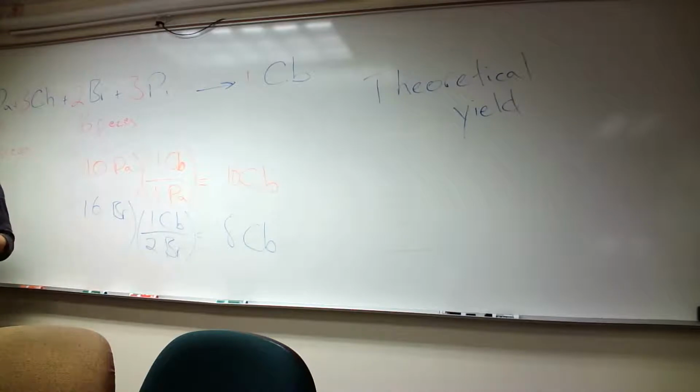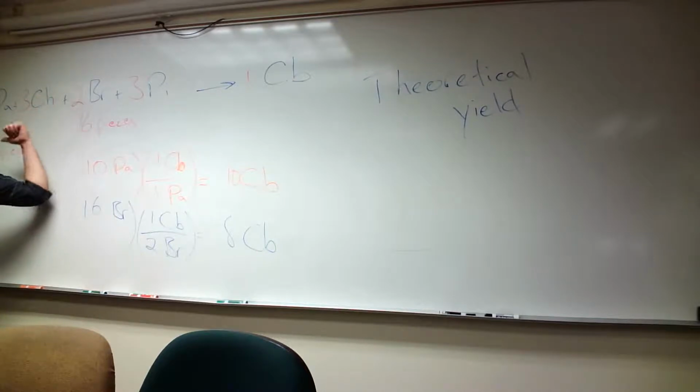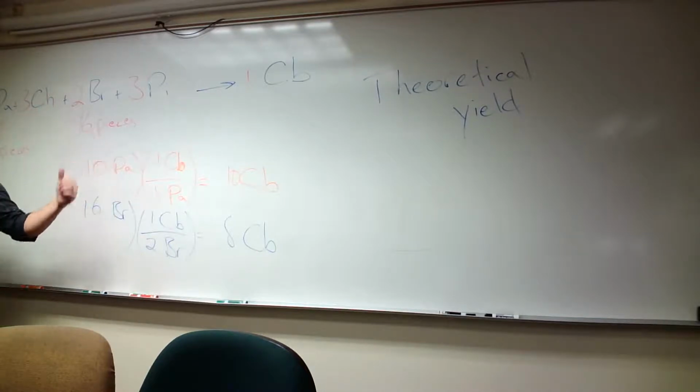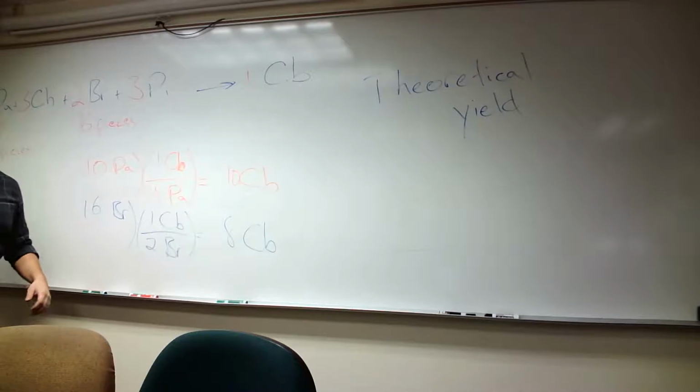But we'll learn some other ways. If I give you a concentration and a volume of a solution, we can get to moles. When we get to gases, if we have this many liters of gas at this pressure and this temperature, how many moles is that? But it's always going to come back to getting to moles, and then we can do stoichiometry with it. Okay?